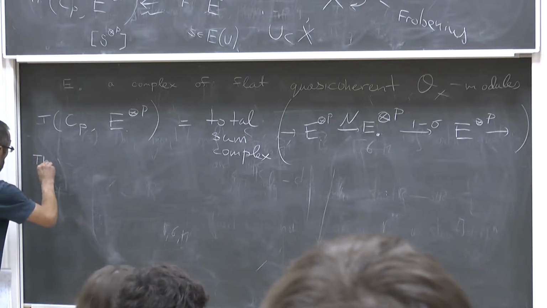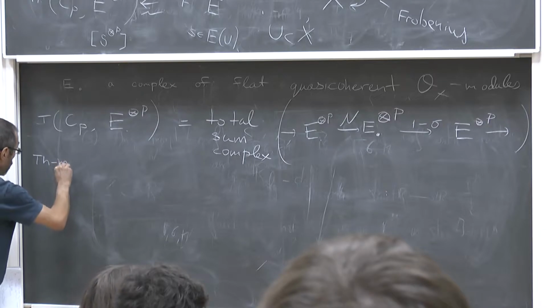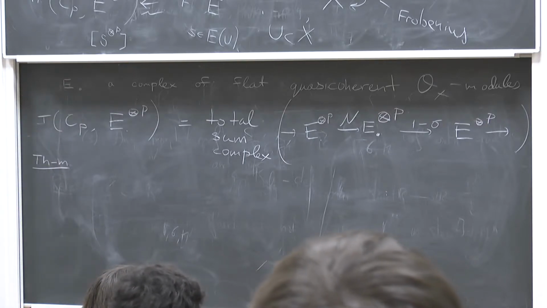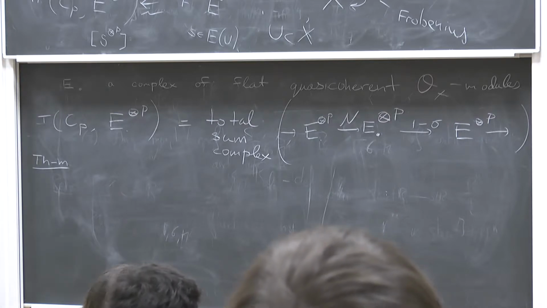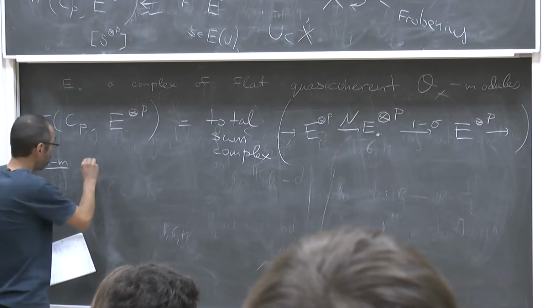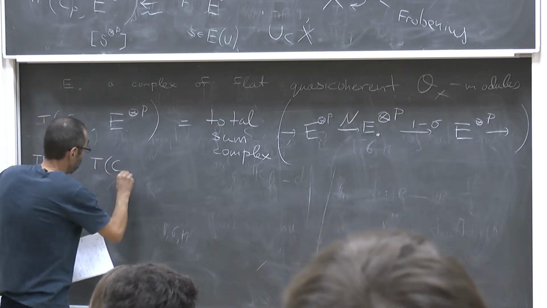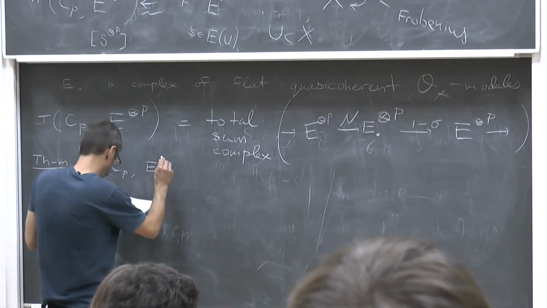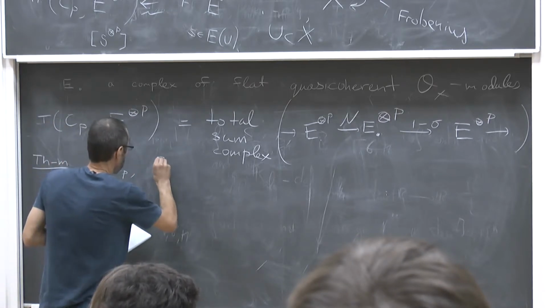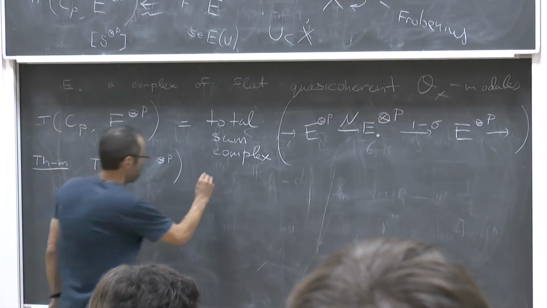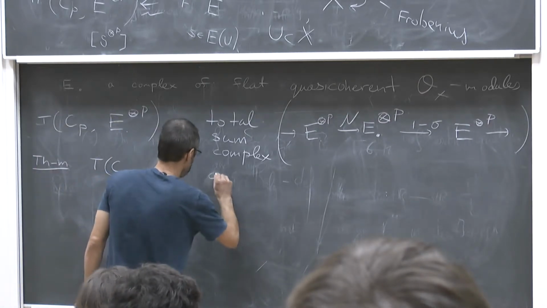And here is the first result, which is easy but surprising, and this is what was discovered by Johnson, though in slightly different language. This functor, first of all, carries acyclic complexes to acyclic ones.